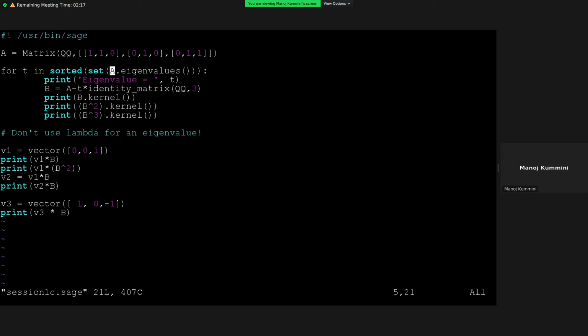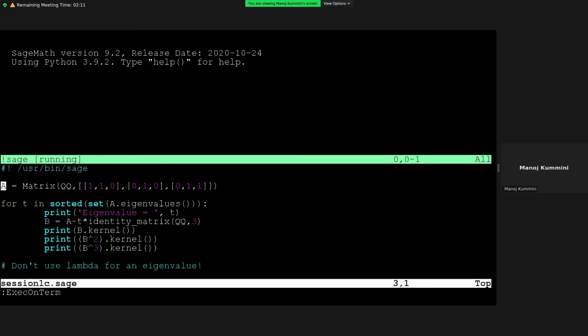Maybe it's a good idea to quickly do this little bit interactively. So that is the matrix. The part I wanted to show is this.